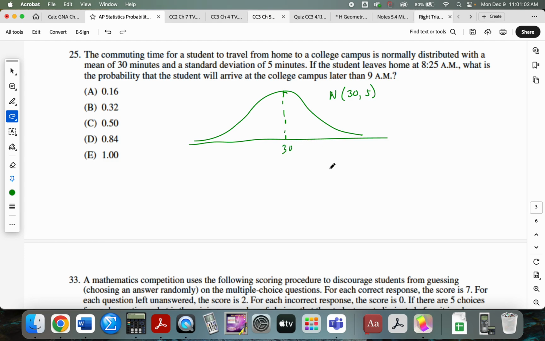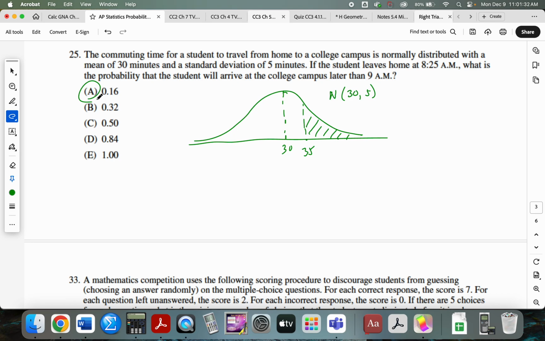If they leave at 8:25, how long does the trip have to take them for them to arrive after 9? 35 minutes or more, right? So this is what we're looking for. 0.16. There's a 16% chance.